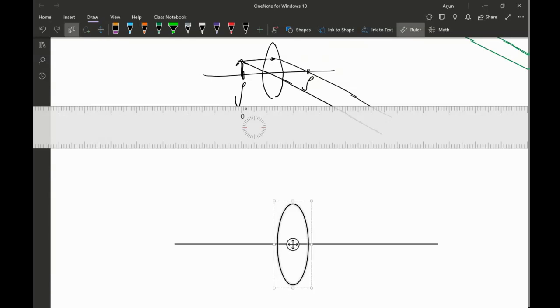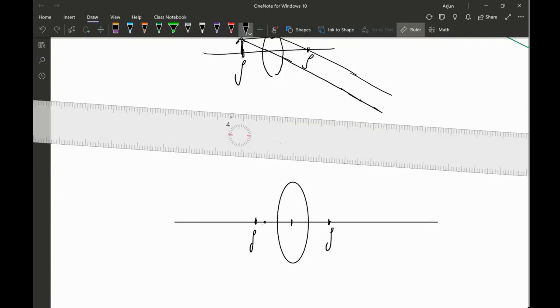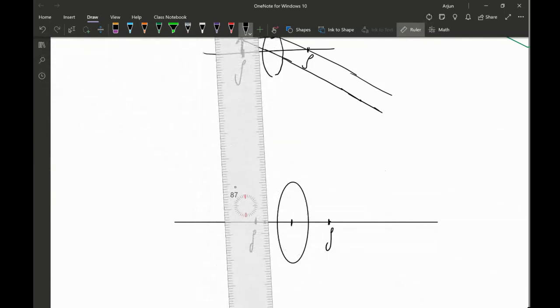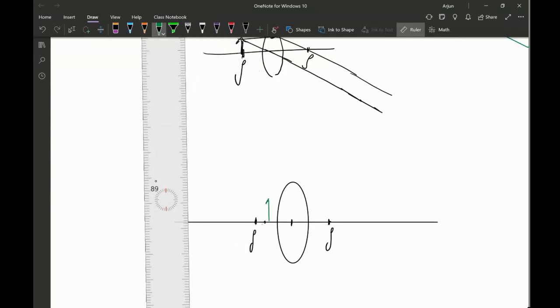So this is how my lens is going to look, and here I'll call it focal point, and here the other focal point, and the object we will place between the focal point and the vertex. So this is where I'm going to place the object, and let's see what kind of image is formed.